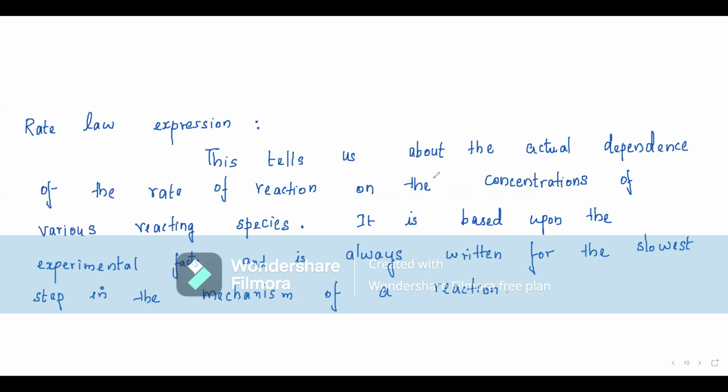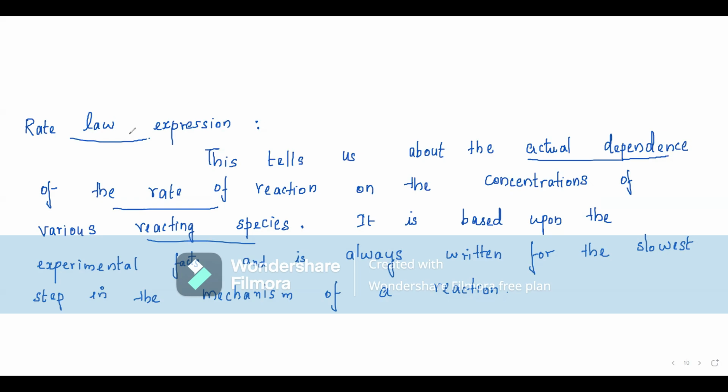The rate law expression tells us about the actual dependence of the rate of reaction on the concentration of various reacting species. So straight away they are telling us the law of mass action is not always true, or is true only under certain conditions.